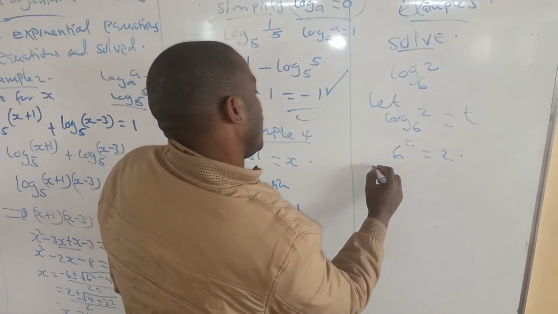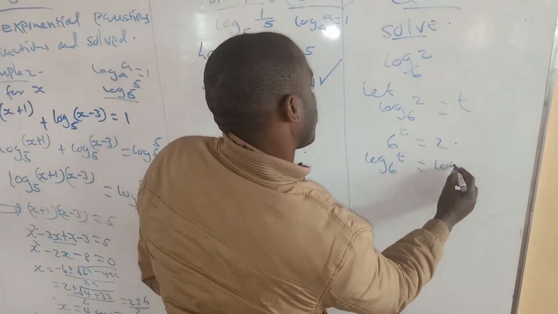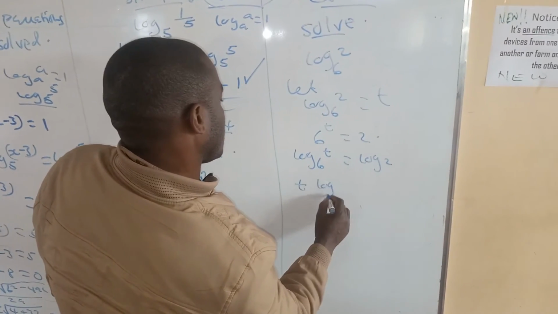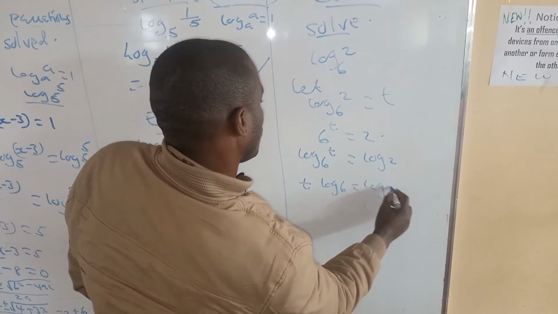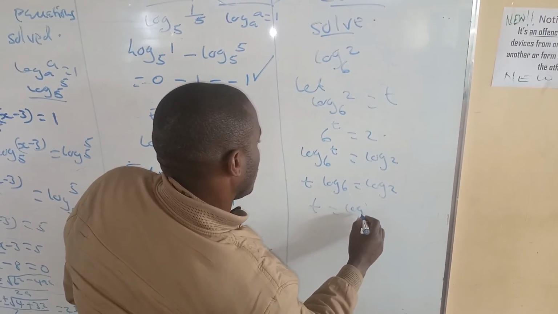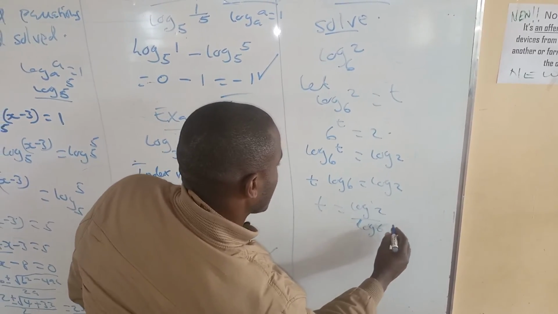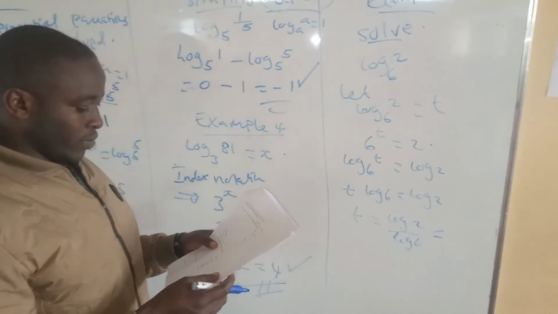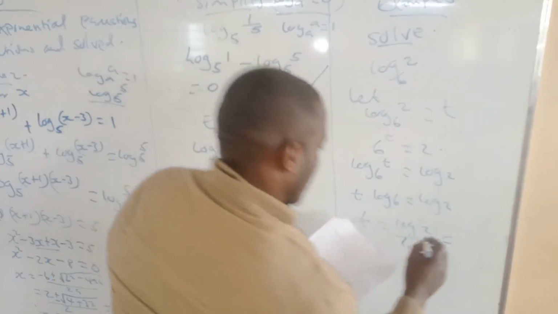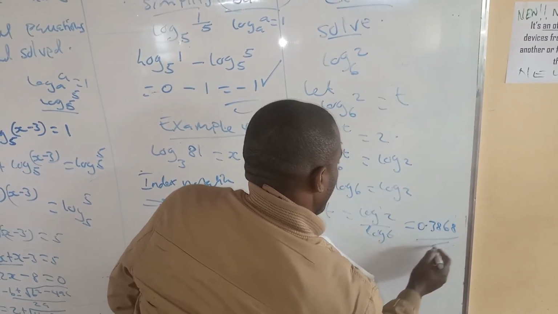It will be t log of 6 equals log of 2, and therefore t equals log of 2 all over log of 6. You just use your calculator: log of 2 divided by log of 6. The answer becomes 0.3868.